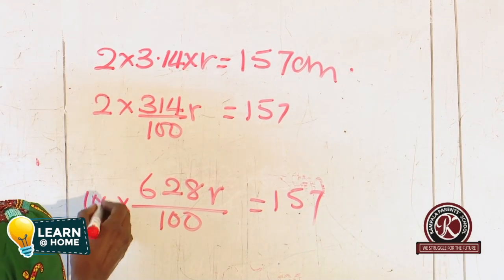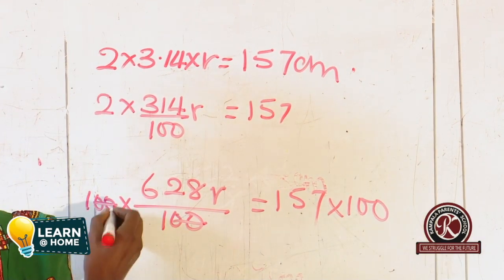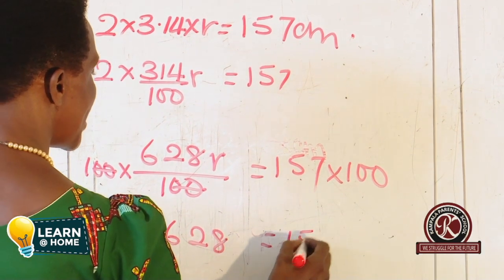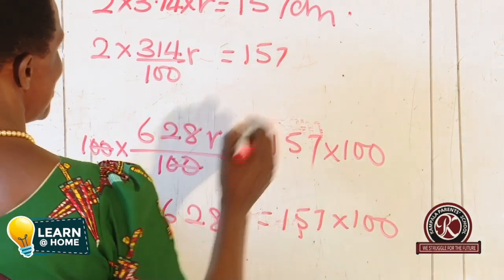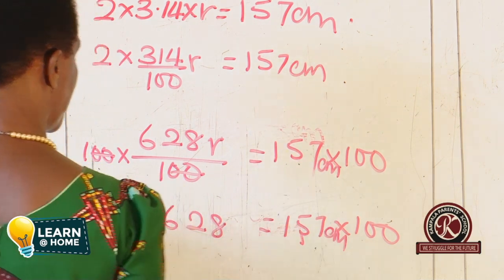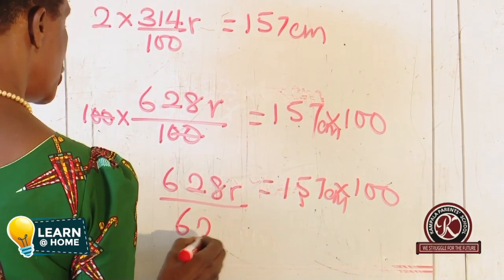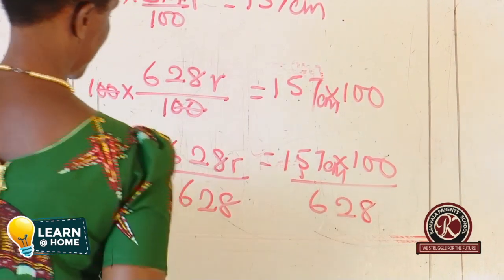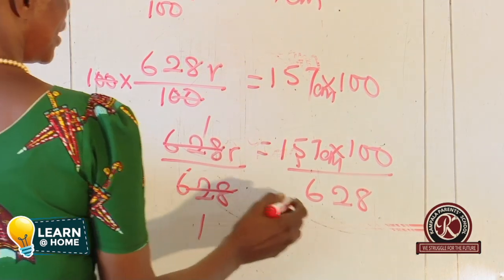Multiply both sides by the denominator, which is 100. So cancel this with that. We have 628r equals 157 times 100. 157 is the centimeters. Don't forget the units. So this is r. Divide both sides by 628.